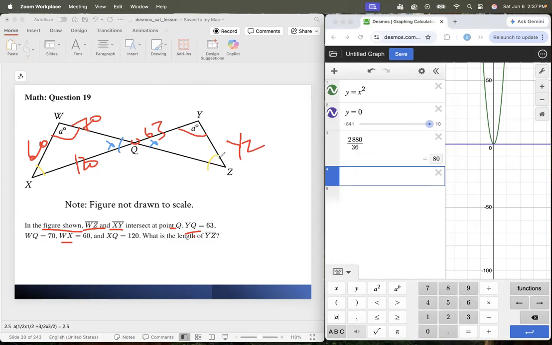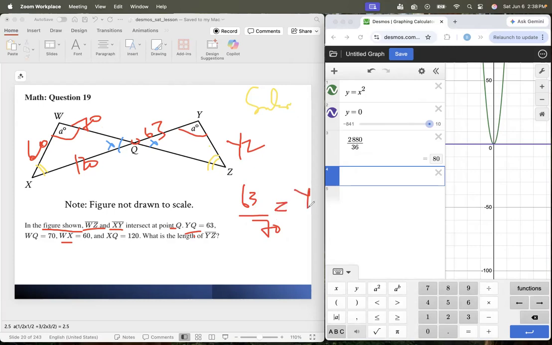So all the angles are basically congruent to each other. This tells me this is a similar triangle, but you don't even have to know that it's a similar triangle. It does not matter. And therefore, you can find the side of this by using ratio, right? But when you're picking ratio, make sure you pick the same side. The 63 here corresponds to the 70 here.